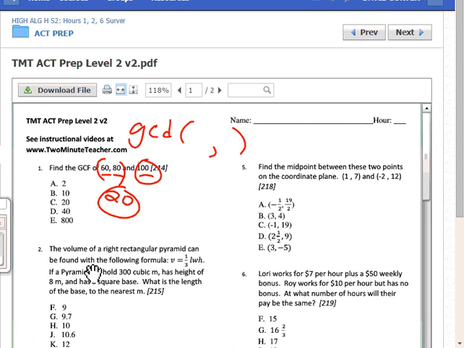And you put in 60 and 80 to start with. Then you get your answer for that, which will be 20. And you go, okay, so now I want the GCD of 20 and the other number, 100. Here's how to do GCD, just for a little reminder in case you've never used the calc before on there. Okay, and that's all the advice I have for you for today.